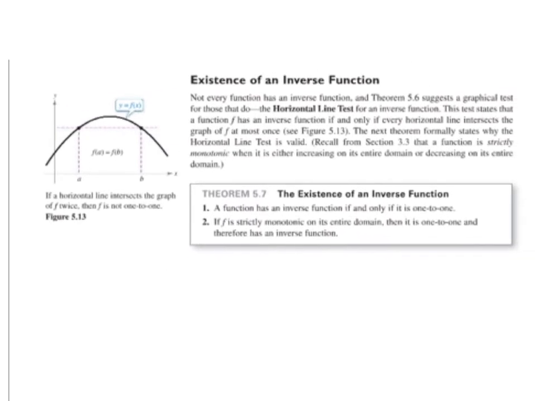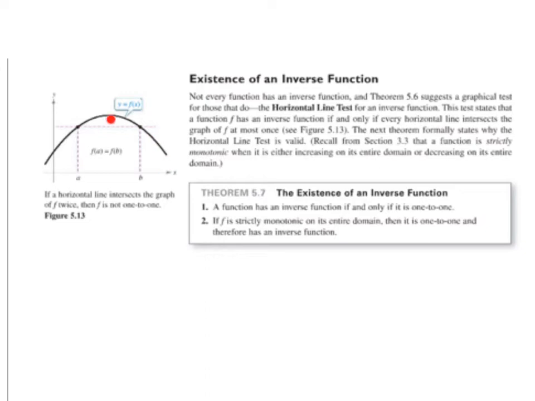As you see here, this is f of x. And you can see that a horizontal line going through this intersects it in at least 2 points. And so it fails the horizontal line test. Remember, the vertical line test just says it's a function, and of course it passes that. But the inverse of this function is not a function because it fails the horizontal line test.